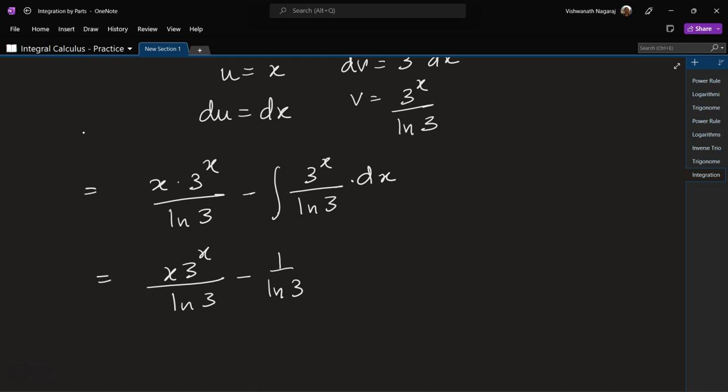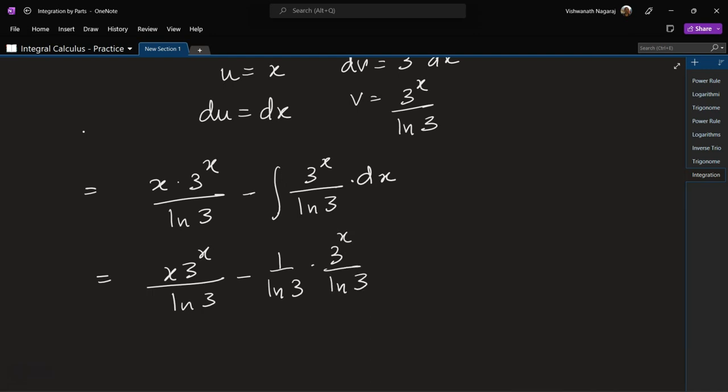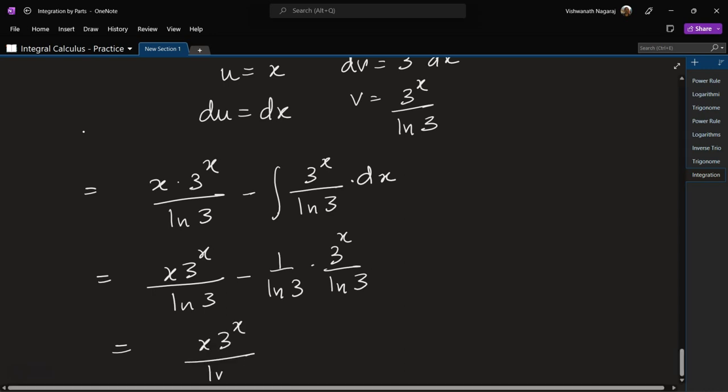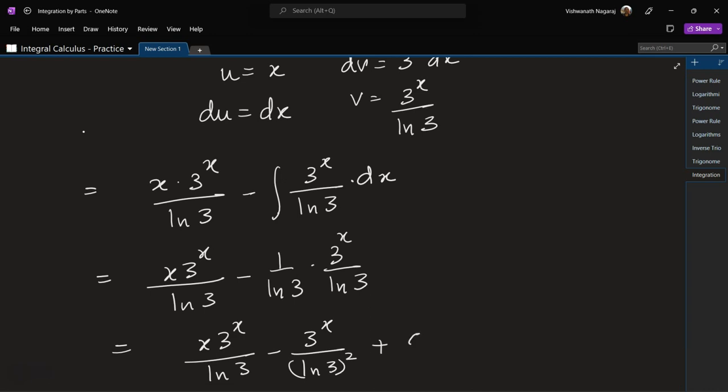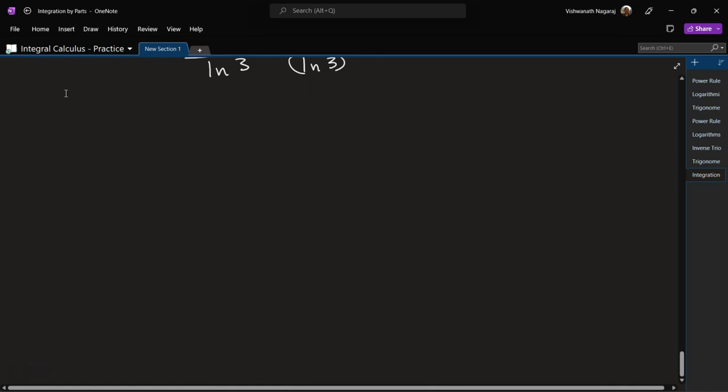Integral of 3 to the power of x is 3 to the power of x by natural log of 3. Let's simplify this further. 3 to the power of x by natural log of 3 minus 3 to the power of x by natural log of 3 square plus c. So that is the solution.